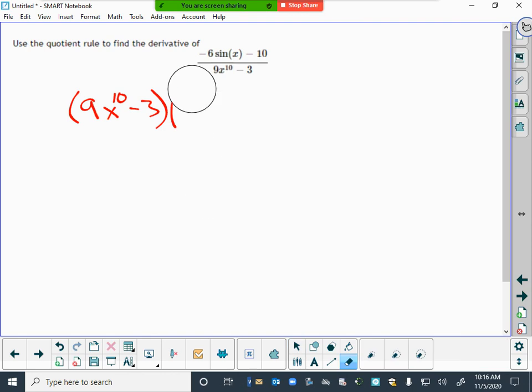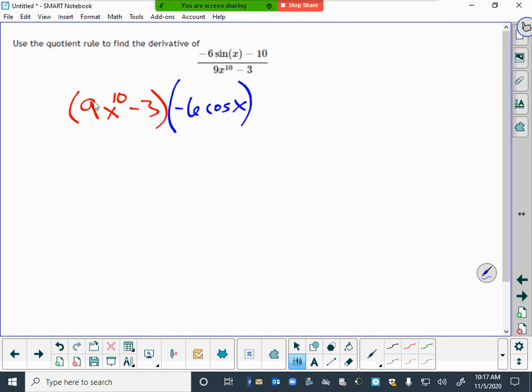I'll do top stuff in a different color, because I can. The derivative of negative 6 sine x minus 10. The derivative of sine is cosine. It's got a negative 6 in front of it. And the minus 10 is going to go away because it's just a constant. Okay.